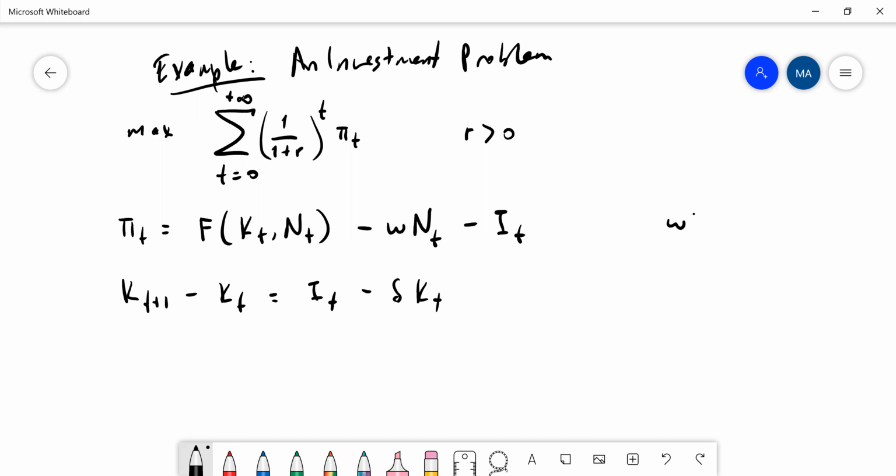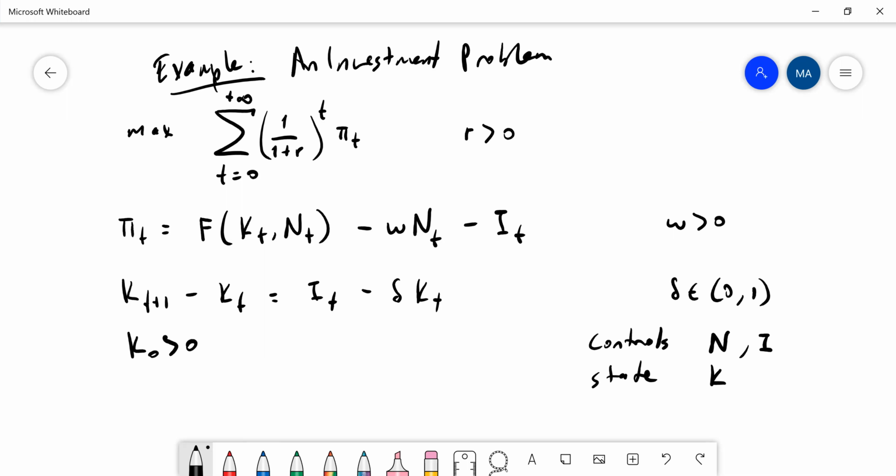So here W is positive, and delta is the depreciation rate that is between 0 and 1. Sorry, so K0 is positive, right? So the control variables are N and I, and state is basically K, right?